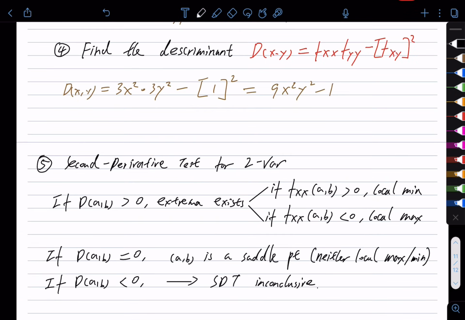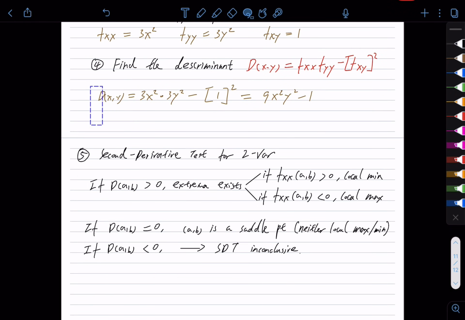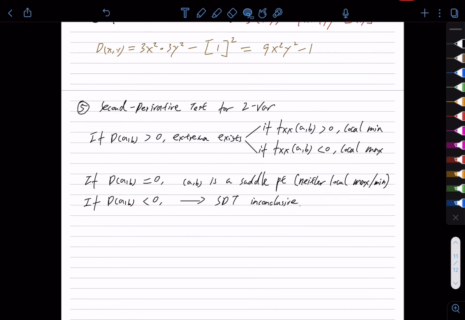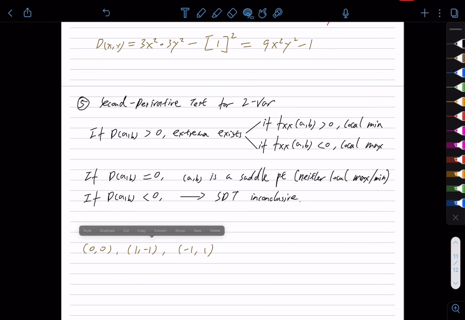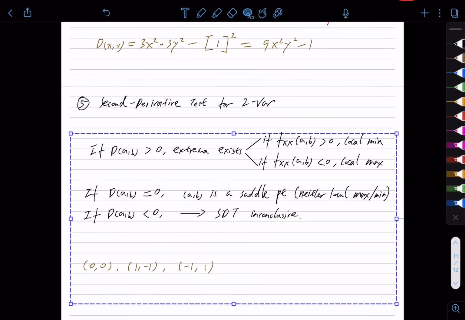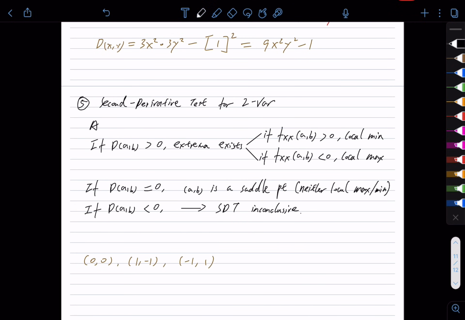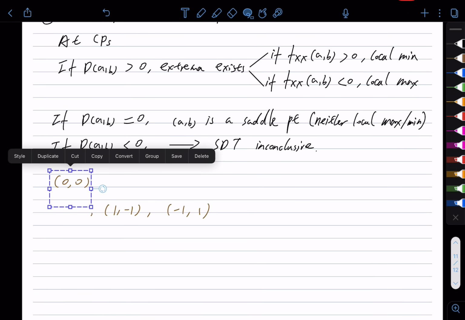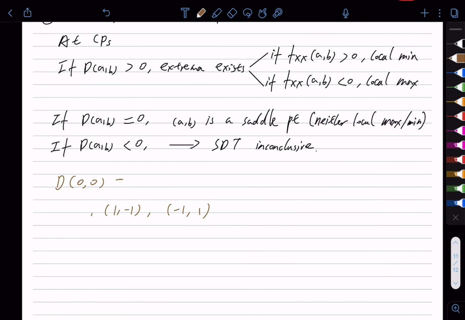So, in our case, let me go ahead and copy these CPs down. Oh, forgot to mention, we're going to test these at the CPs. We don't test anywhere else, we only test at the CPs. Okay, so at (0, 0), D is -1.